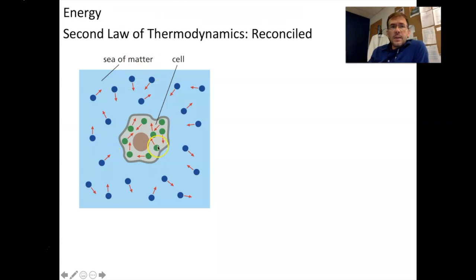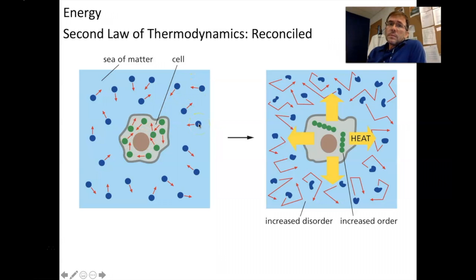So shown here is a cell, and it exists in an environment, and there's molecules, intracellular and extracellular. And as the cells synthesize macromolecules, like proteins or DNA or other types of polymers, that process is also generating heat. So these biochemical reactions generate heat, right?